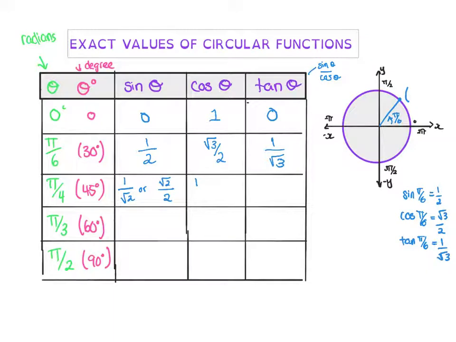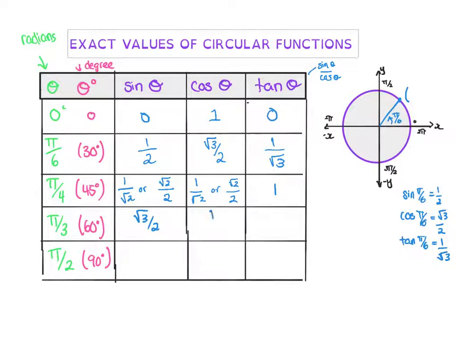And cos theta at 45 is actually the same value as well, because you've gone up exactly halfway on the distance. And tan theta at this point is 1, because it's the same thing. Okay, if we have pi on 3 or 60 degrees, we'll find that sine pi on 3 is root 3 on 2.